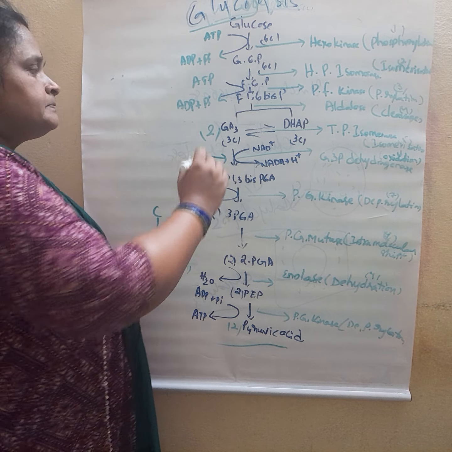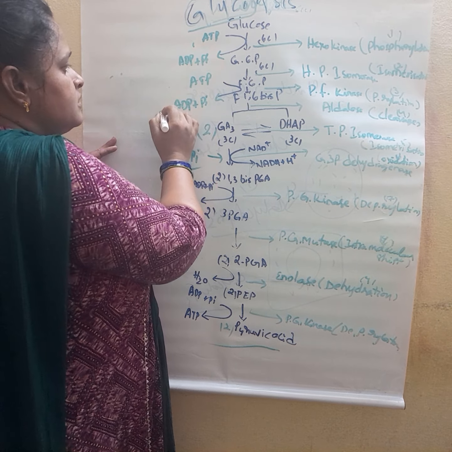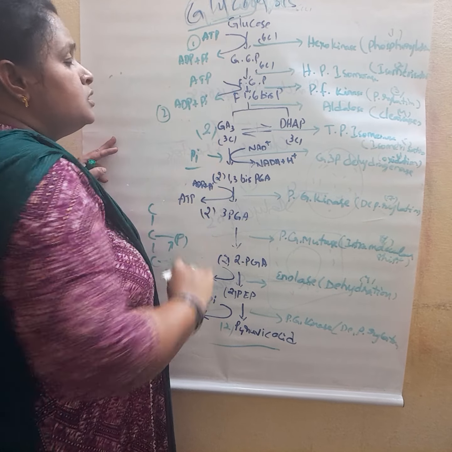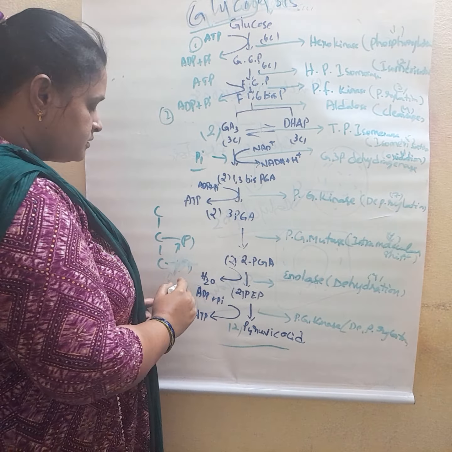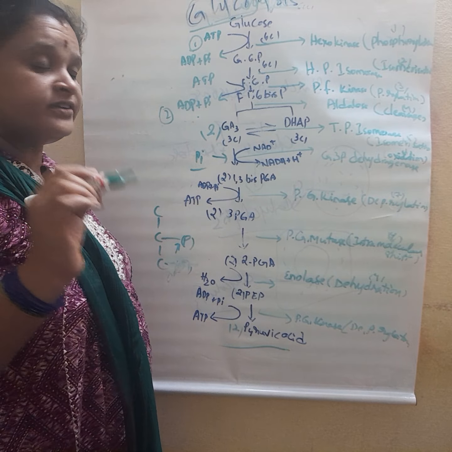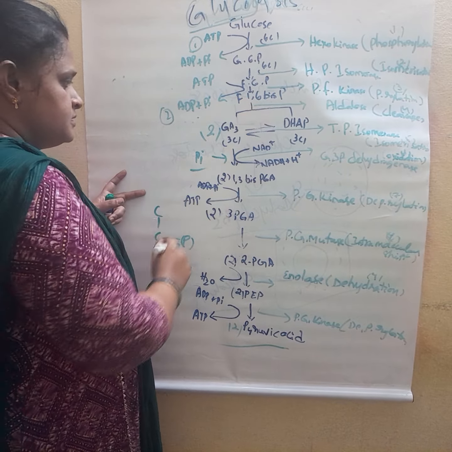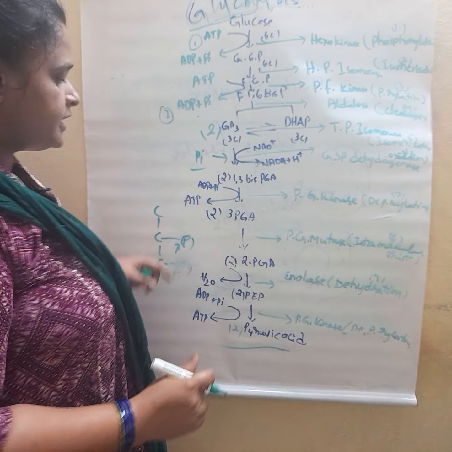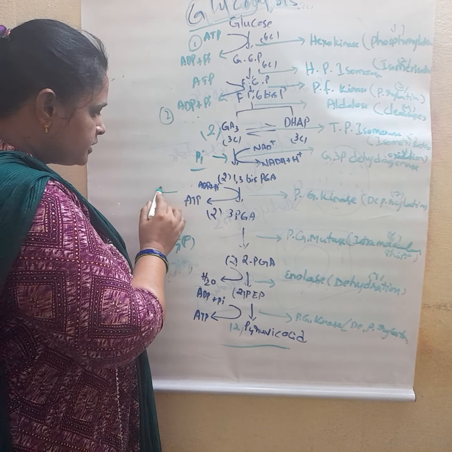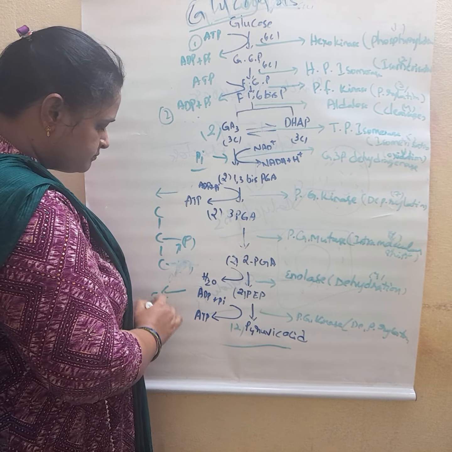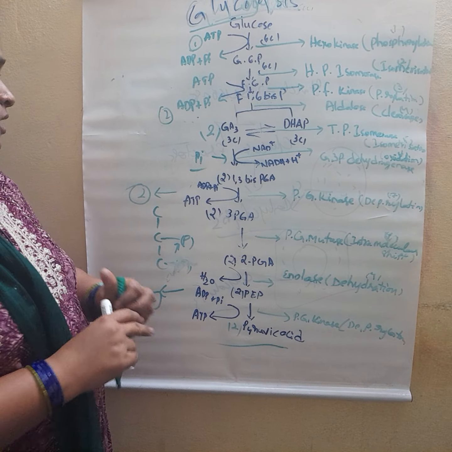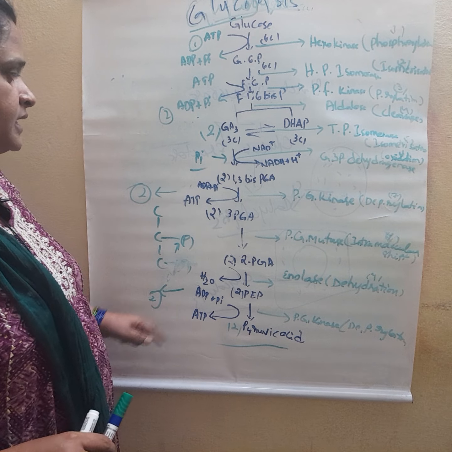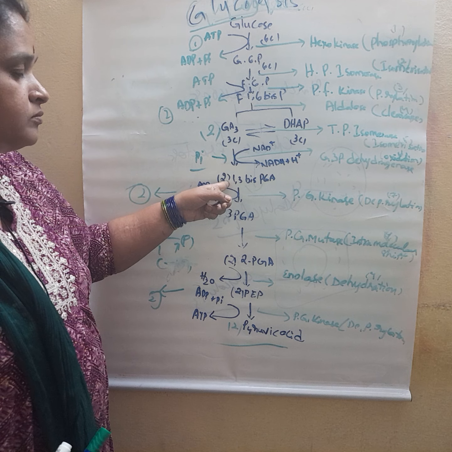So here 2 molecules of ATP are utilized in phosphorylation. Okay. Here 2 molecules of ATP are formed. Why am I writing 2? Because here there are 2 compounds.